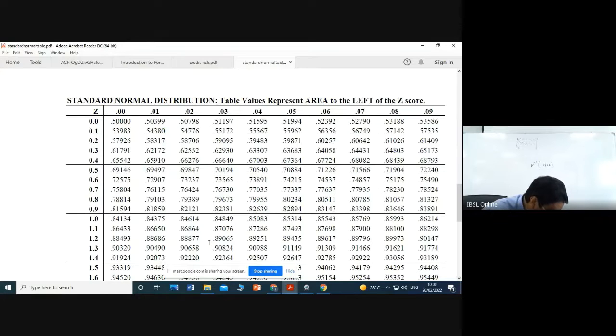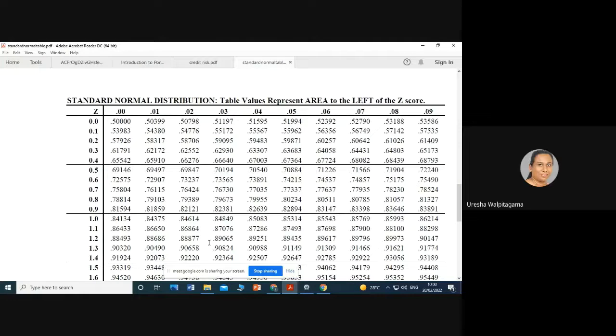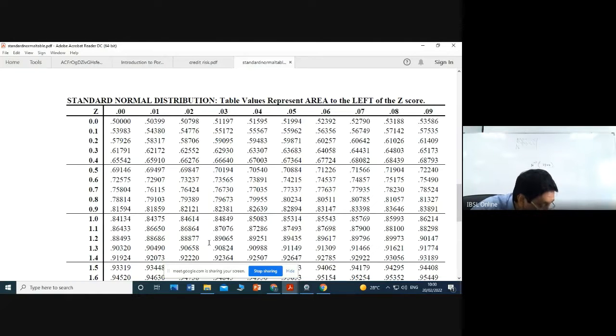We multiply it with 0.01 and it comes as 0.009. And that will be the answer: 1.229, because this figure is to be added there.